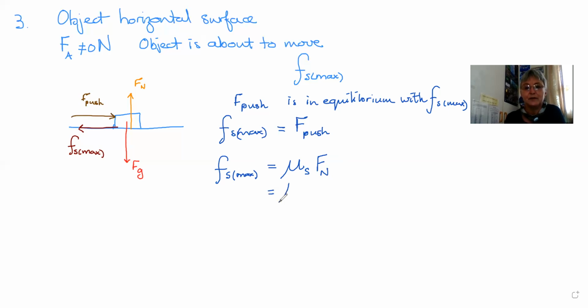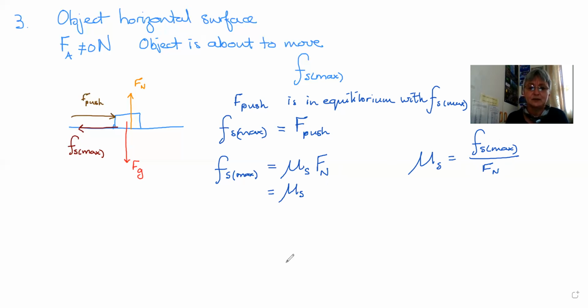If I have the coefficient of static friction, I can multiply it by the normal force, because the coefficient of static friction gives us the ratio between the maximum static force and the normal force. The normal force determines the size of the friction.